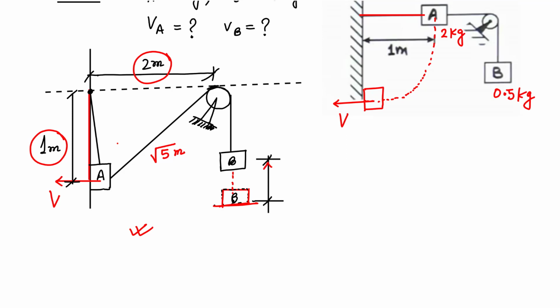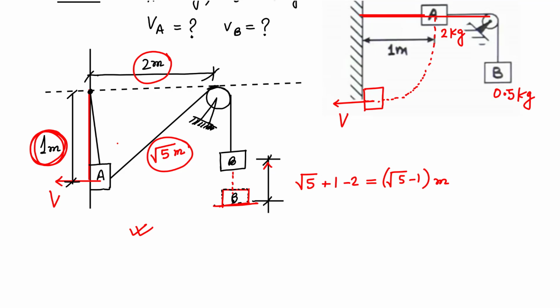The initial length of the string on this side is 2 meter, but the new length is root 5 plus 1 meter. So this block has moved up a distance of root 5 plus 1 minus 2, which is root 5 minus 1 meter.